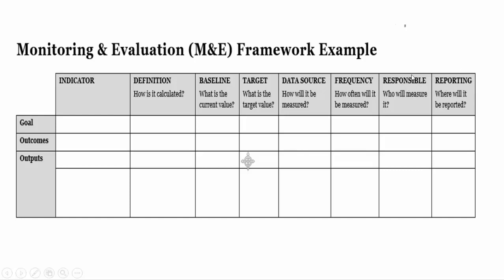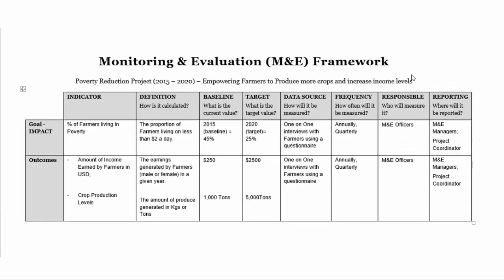If we go to practice, this is an example of an M&D framework. Now I want to mention that in order to develop a monitoring and evaluation framework, it has to be well aligned to the logical framework.